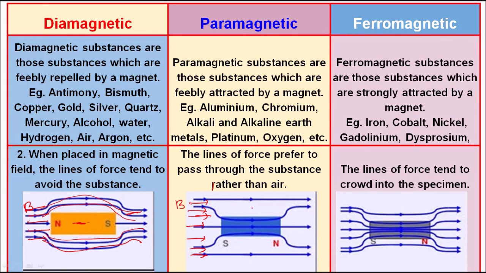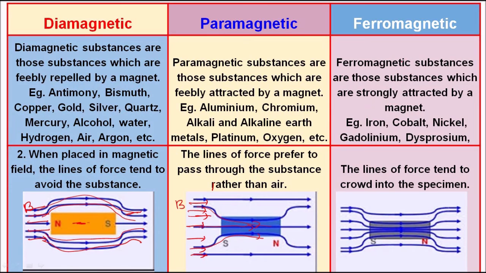You can also find these images on the internet, and it will be easy to understand by referring to them. The lines of force prefer to pass through the substance rather than the air. See, when this external magnetic field is applied, all this field will go through the paramagnetic material. Okay, so this is the paramagnetic material.